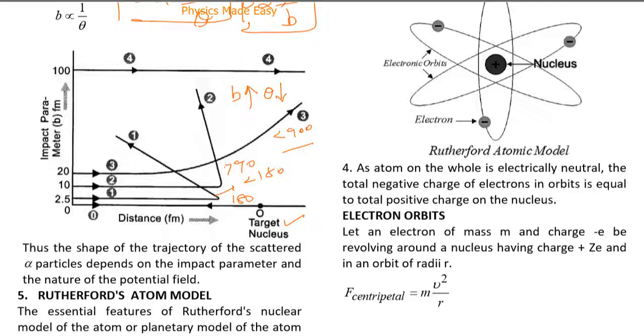Here impact parameter is 100 barn. Barn is a unit of distance. If impact parameter is 100, the scattering angle has almost approached 0. So what is important is that scattering angle is inversely related to impact parameter.